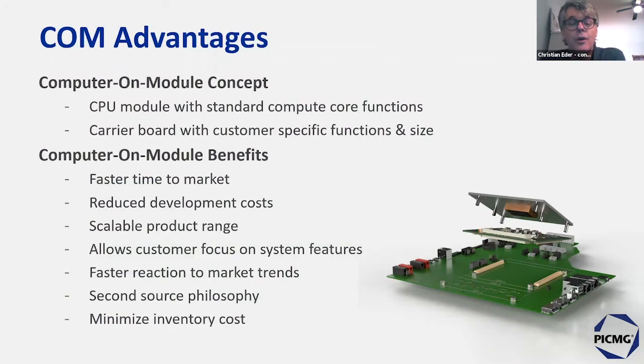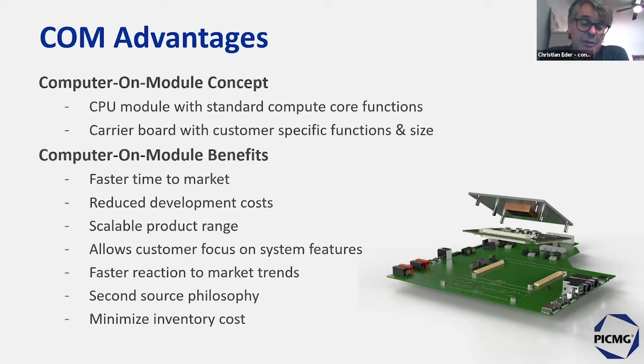You can change modules from a lower to higher speed, more or less performance, power consumption, you name it. And this allows the customer, of course, to focus on the customized part, on the system part. So it's like, I don't have to reinvent a lot of things which have been done on the module itself. With this, faster reactions to market trends can happen.